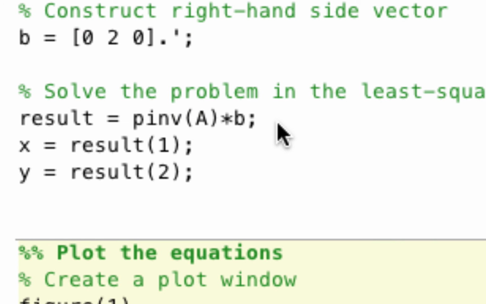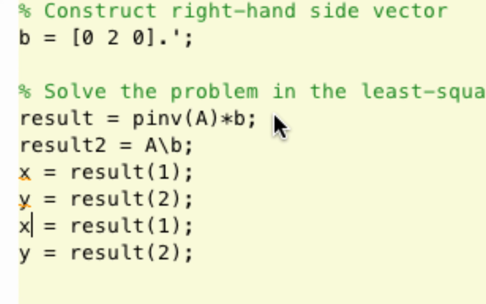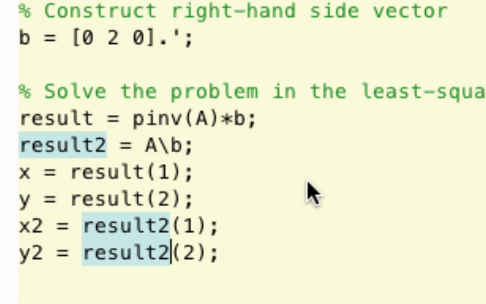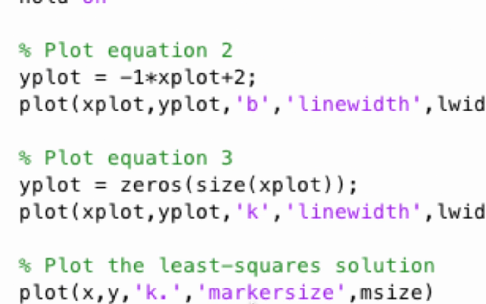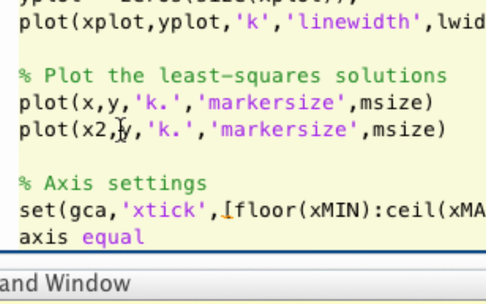We can also try what happens if we use the Könökeppi operator, and we can compare like this. And let's plot... I'm really wondering what happens.